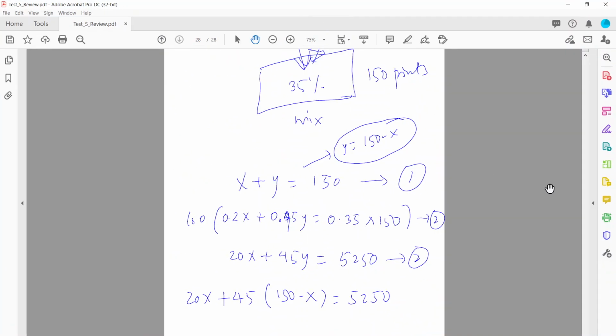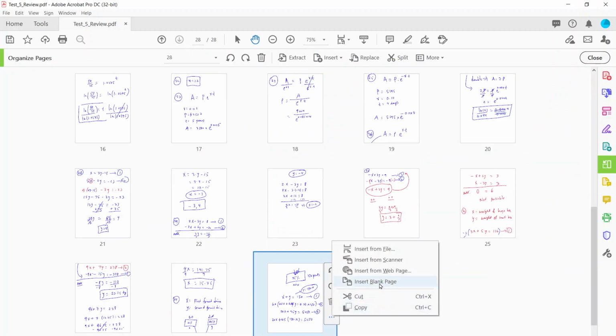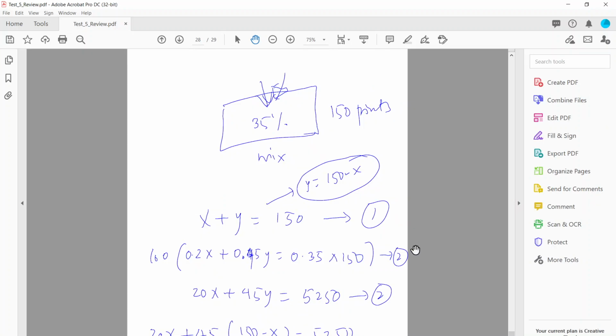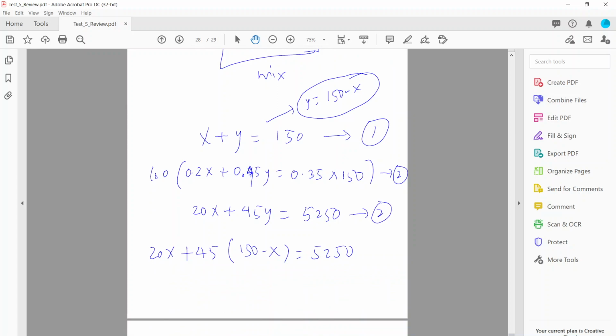Now we just need to solve this equation. Distribute the 45: 45 times 150 is 6750, minus 45x, equals 5250. Combine the two x terms and subtract 6750 from both sides.